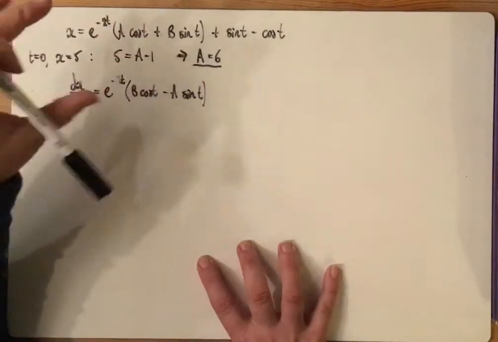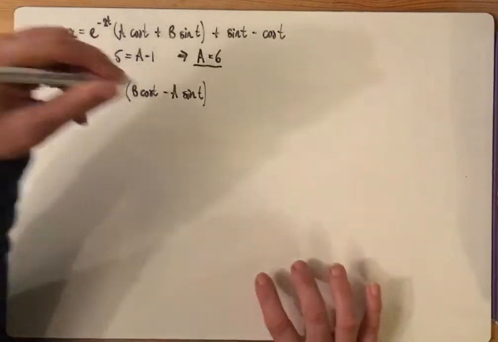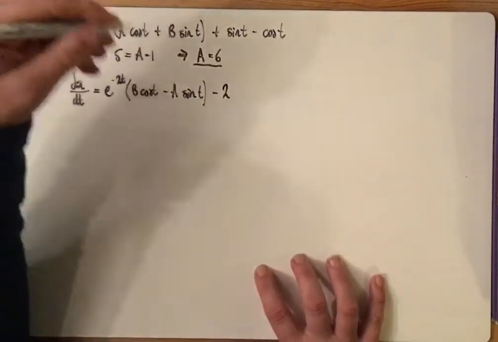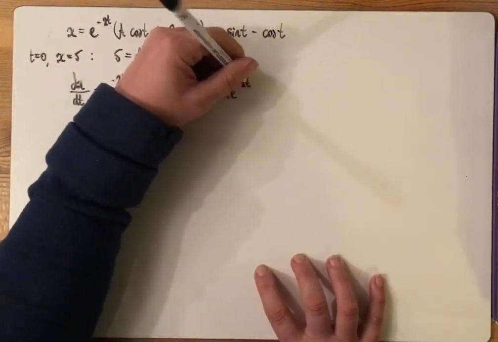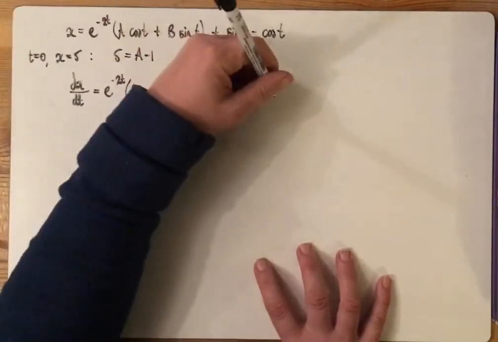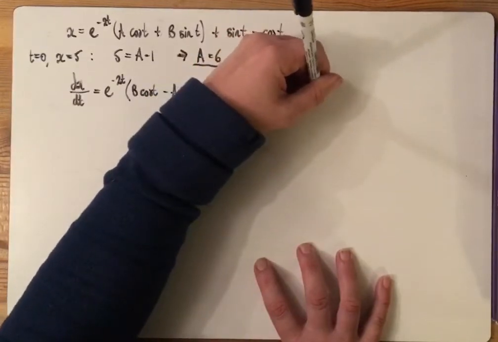I've just swapped the order to make it look a little bit neater. And then I need to differentiate the e to the minus 2t, minus 2e to the minus 2t, and then not differentiate the bracket. So a cos t plus b sine t.